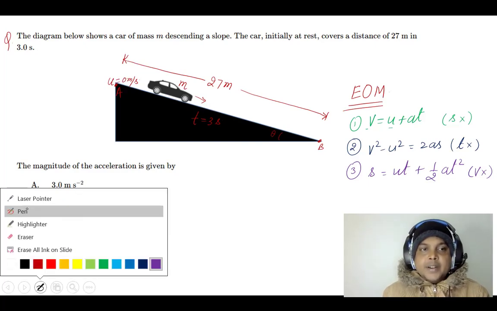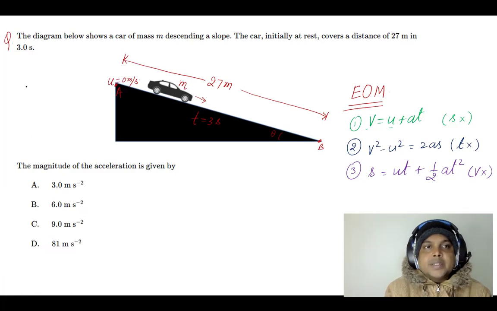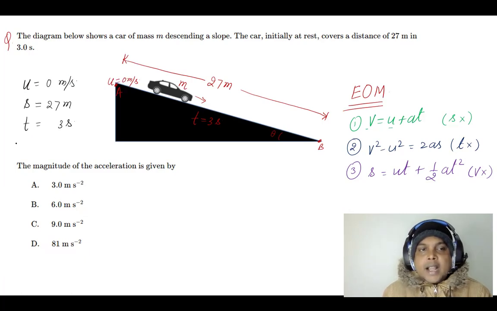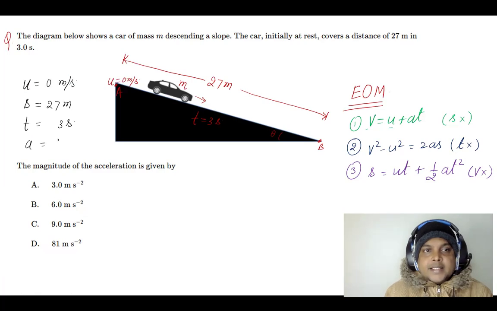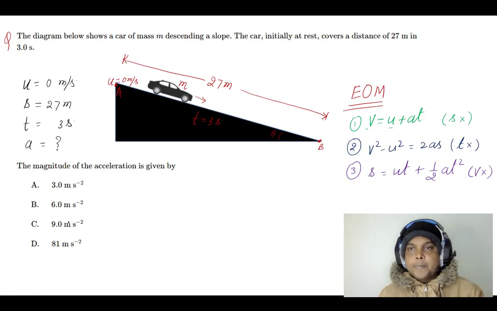In this particular question, u, the initial velocity, is given as 0 meters per second. We have displacement, 27 meters, and time, 3 seconds. And the question is asking what the acceleration will be.